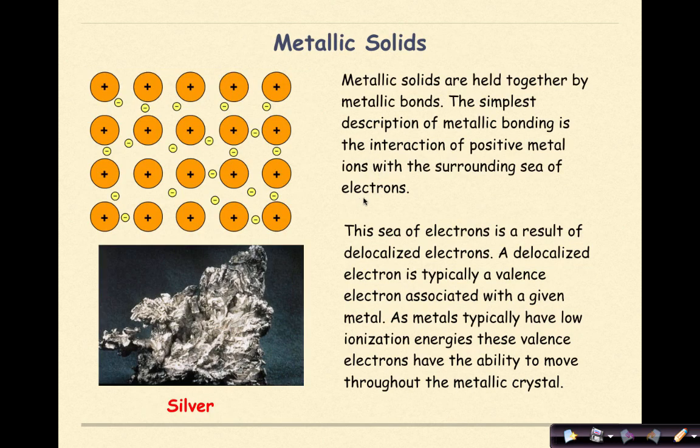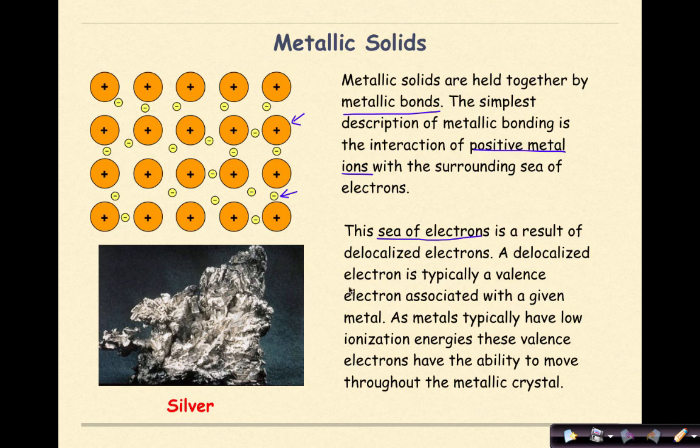Metallic solids. Metallic solids are held together by metallic bonds. The simplest description of metallic bonding is the interaction of positive metal ions, which we see right here, with a surrounding sea of electrons, which are represented right here. This sea of electrons is a result of delocalized electrons.